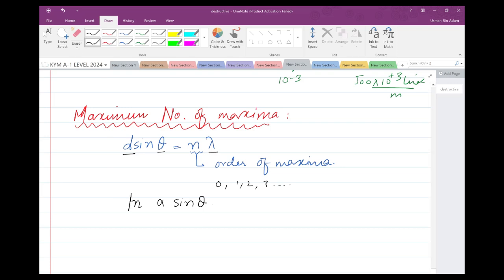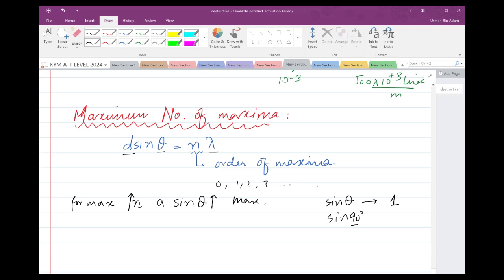Now, if I want the maximum n, sine theta should have a maximum value as well. What is the maximum value of sine theta? The maximum value of sine theta is 1, and it occurs when theta is 90 degrees.